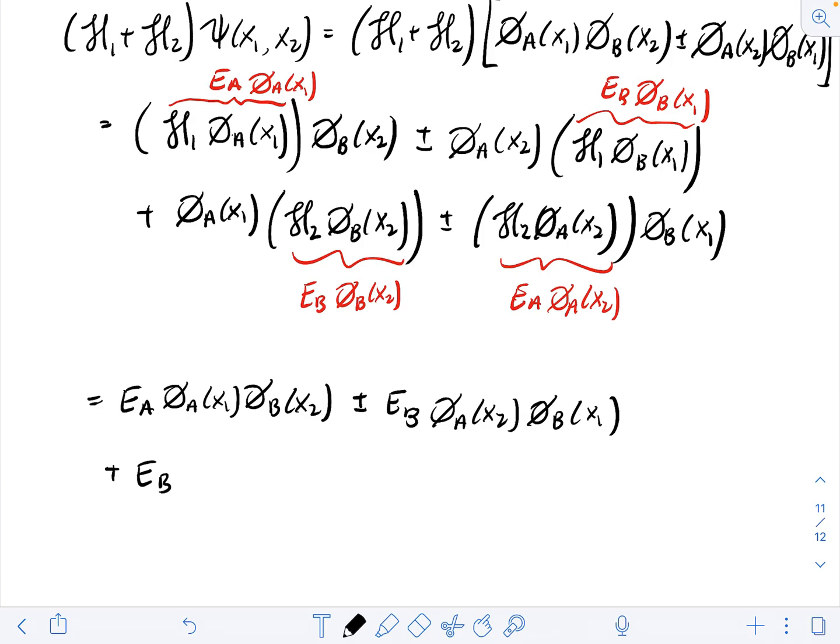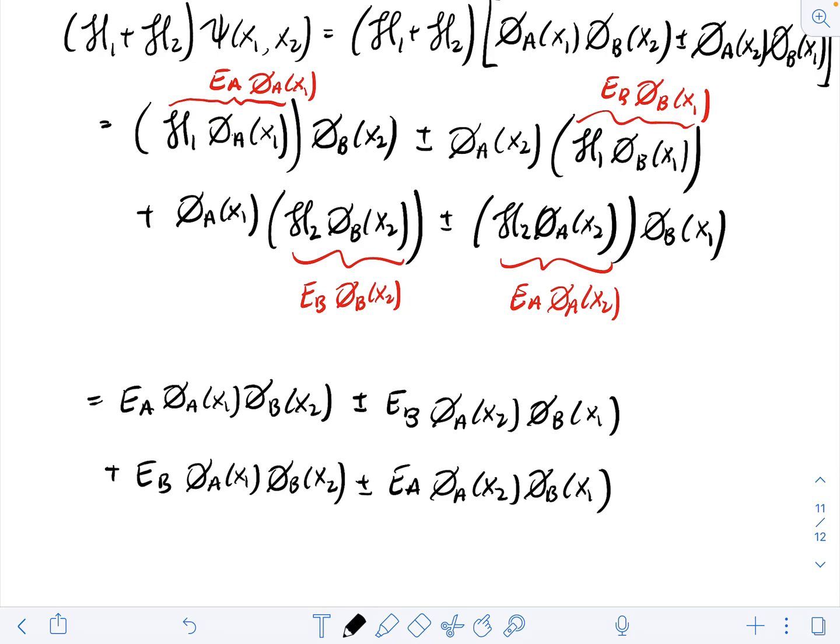Then we have plus EB phi a x1 phi b x2, and then finally plus or minus EA phi a x2 phi b x1.